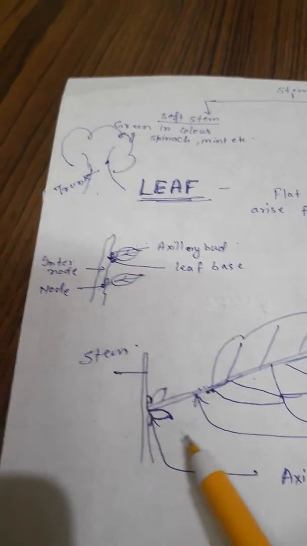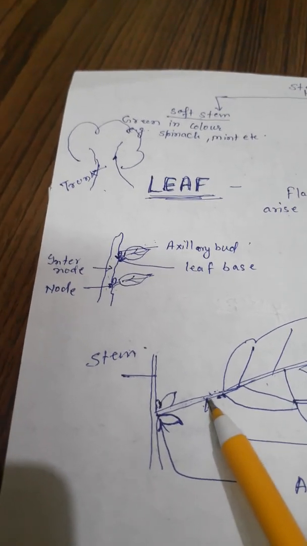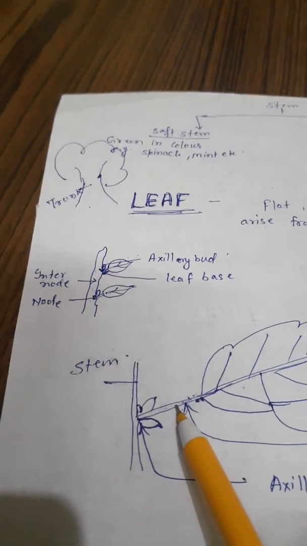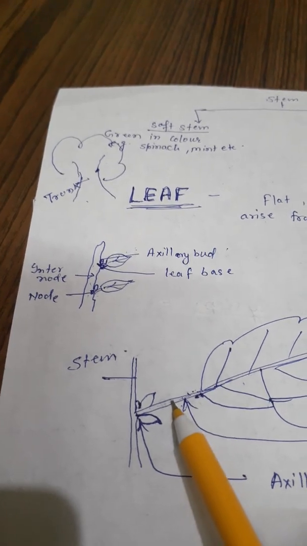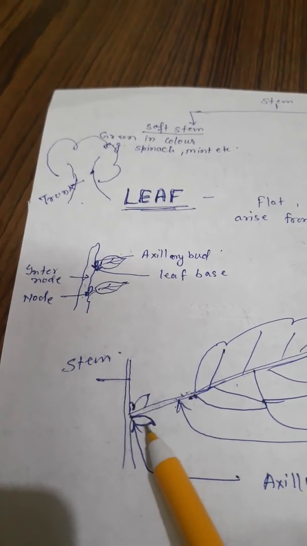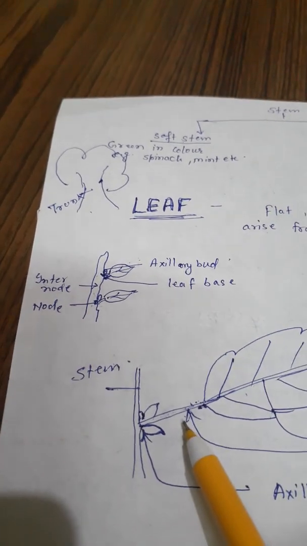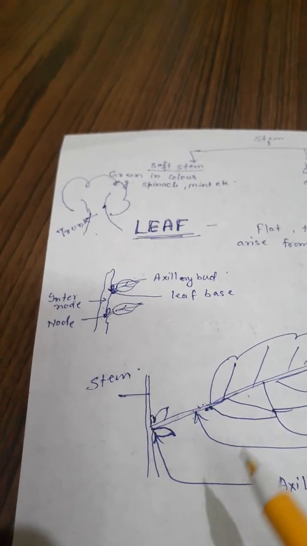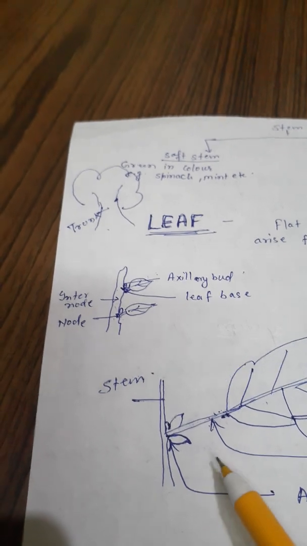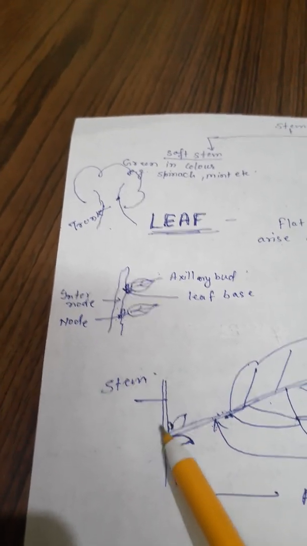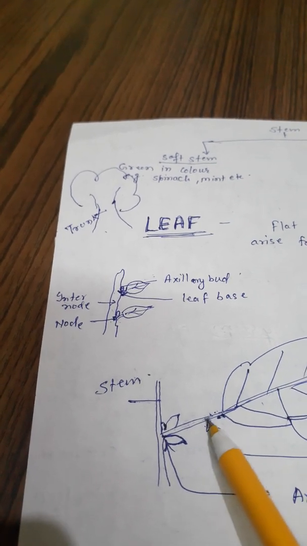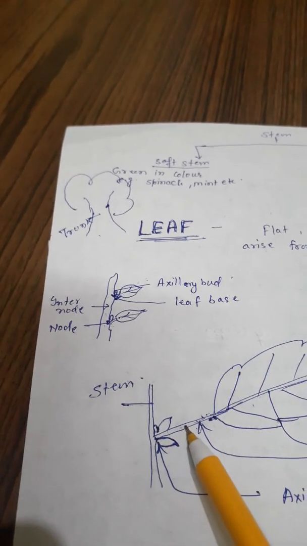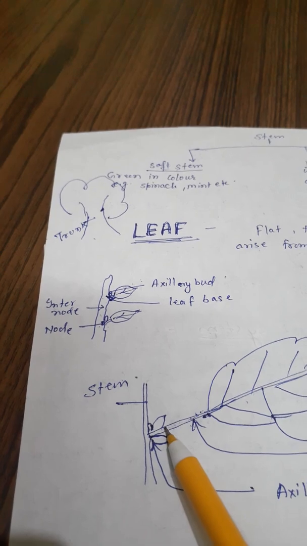When leaf is attached on the stem by petiole, it is called petiolate leaf.